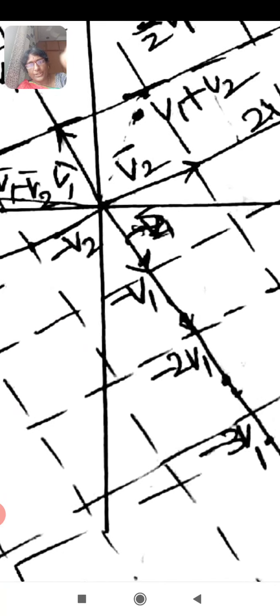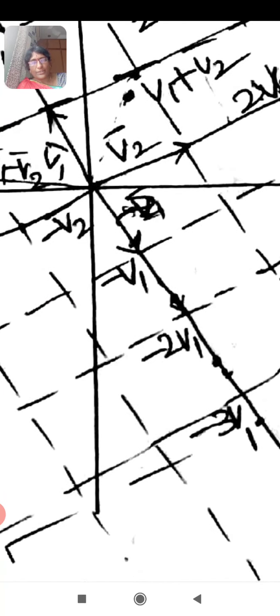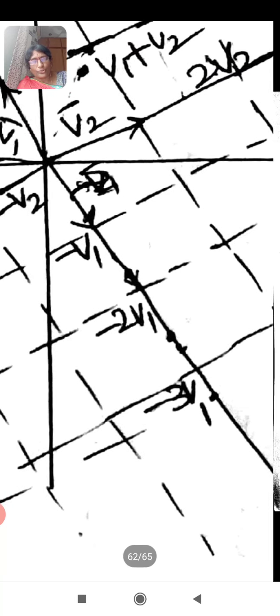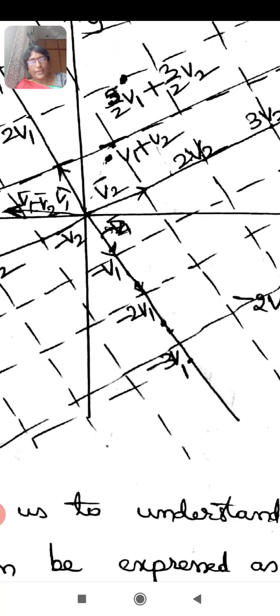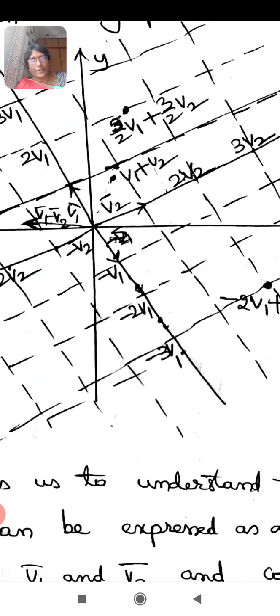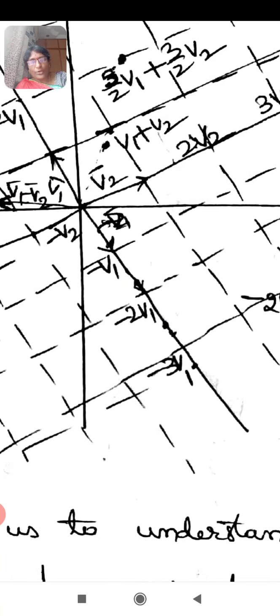If we take the opposite direction, in the fourth quadrant, we can see -v1, -2v1, -3v1, and so on. All these are scalar multiples of the vector v1, and all of them lie on the same line passing through the origin.